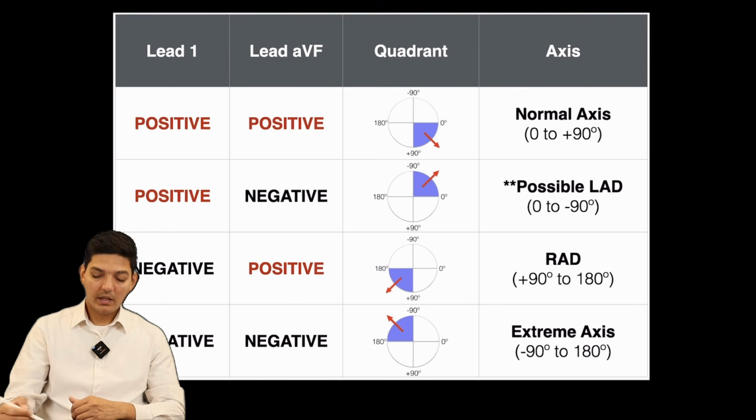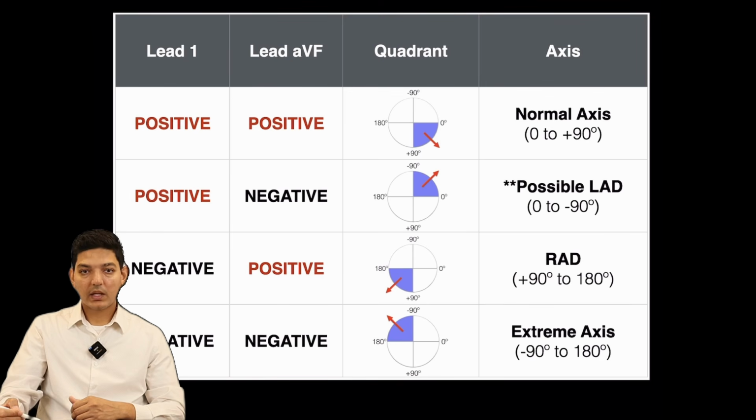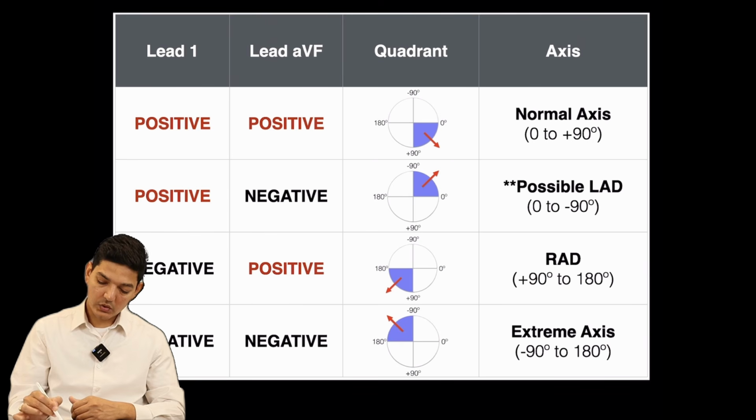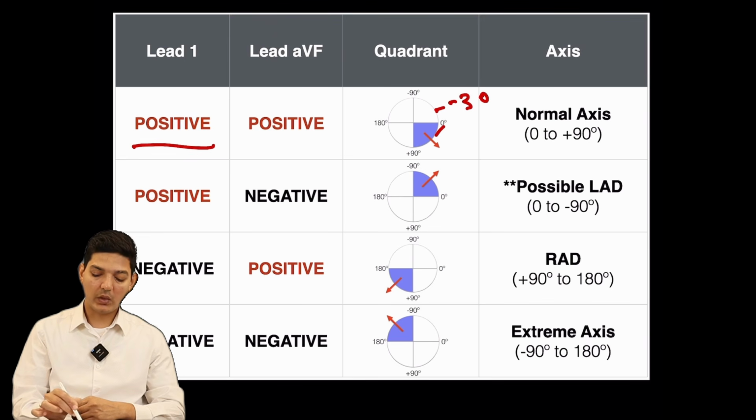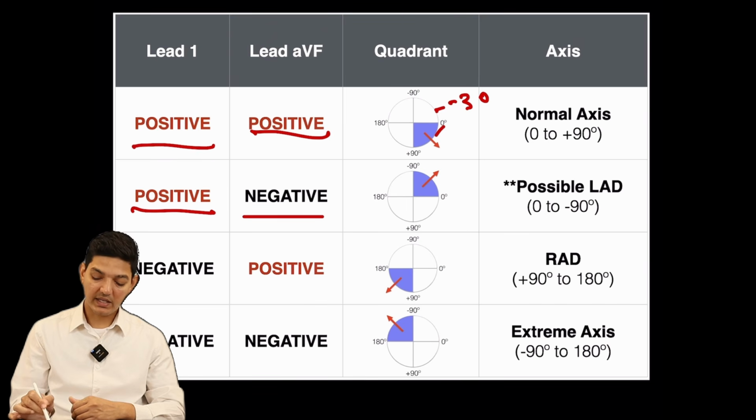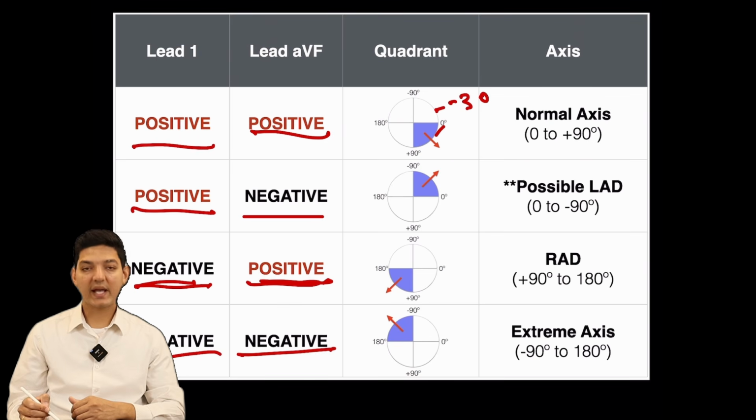This is what we discussed about the axis on the EKG. If it is between 0 to 90 degrees, or up to minus 30, it is normal, with positive deflection in lead 1 and AVF. If it is positive in lead 1 and negative in AVF, that is left axis deviation. If it is positive in AVF and negative in lead 1, that is right axis deviation. And if it's negative in both, then there is extreme axis deviation.